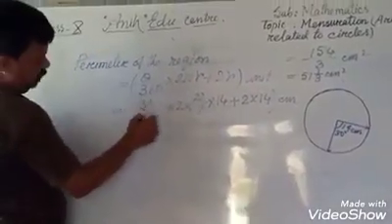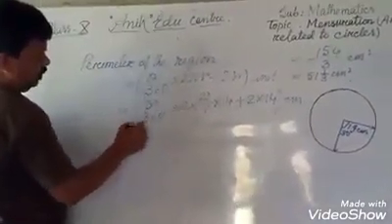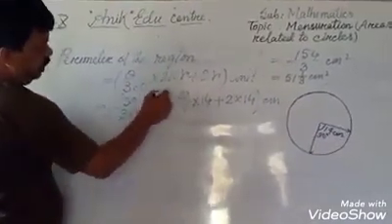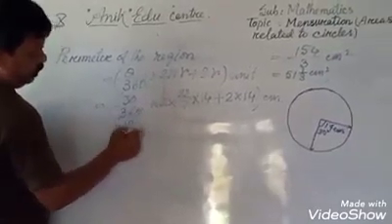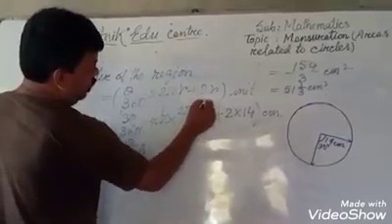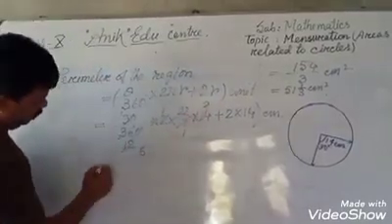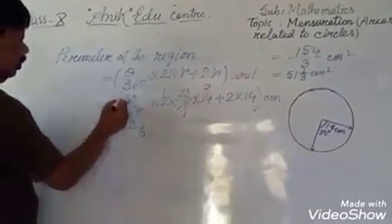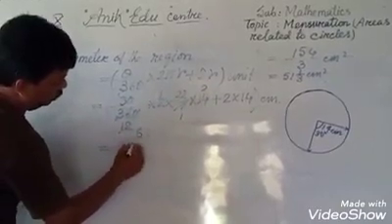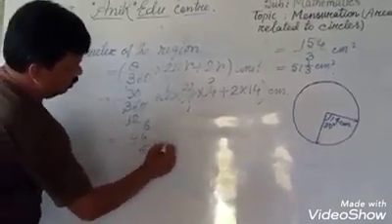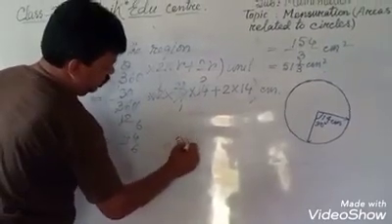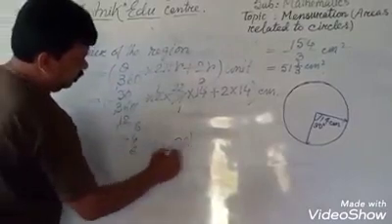Now 0 0 cancel, 3 1s are 3, 3 12s are 36, 2 1s are 2, 2 6s are 12, 7 1s are 7, 7 2s are 14, and we get in numerator 1 1 is 1, 1 2 is 2, 2 22s are 44 by 6 plus 2 into 14, 28 centimeter.